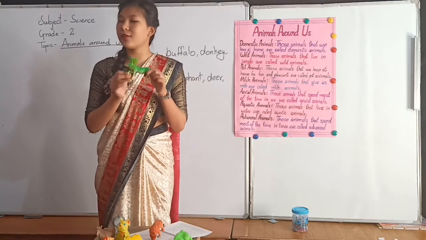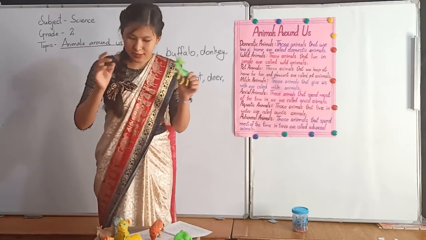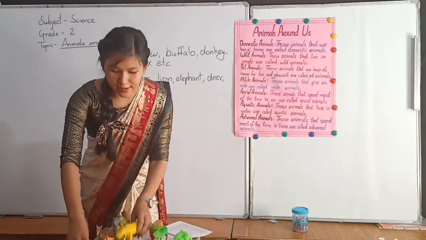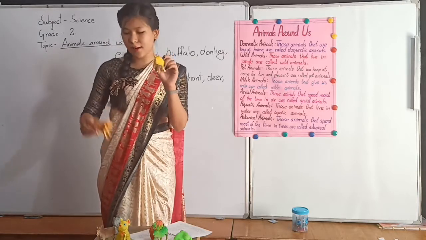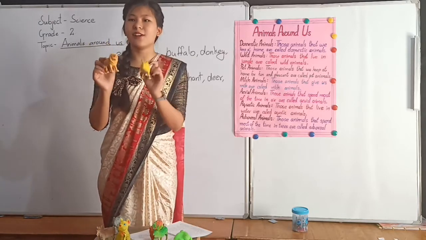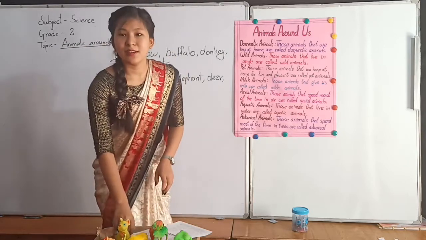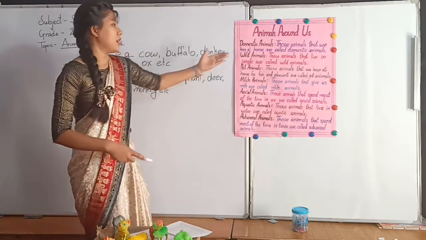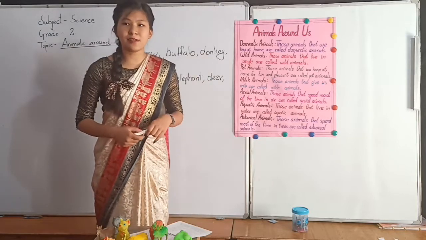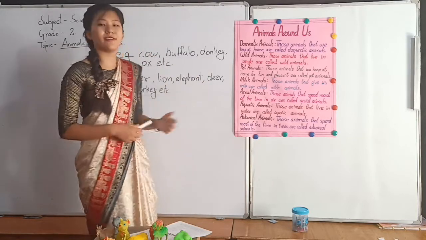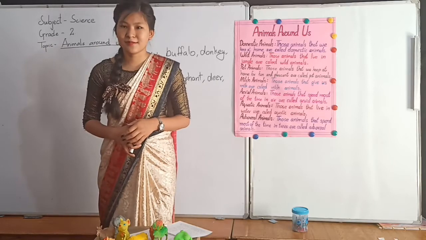Deer is also a wild animal. Deer lives in a jungle. And next I will show you is rhinoceros and lion. These all are what? Wild animals. Hope you understood the definition of wild animals and the examples of wild animals.